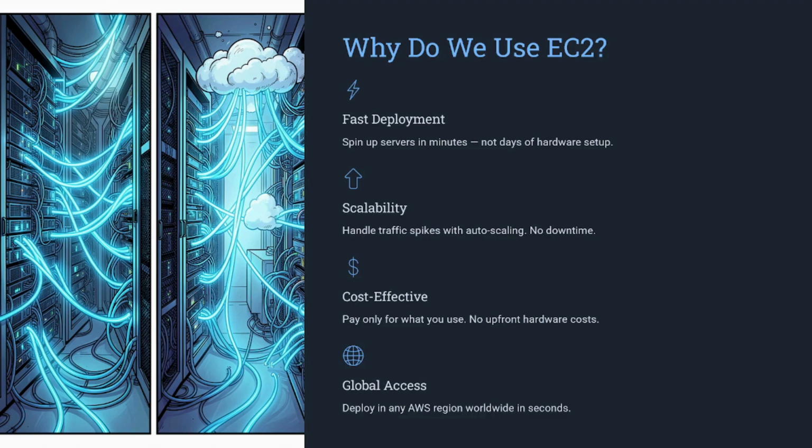If traffic suddenly increases, EC2 can instantly scale resources automatically. Third is cost. Businesses pay only for what they actually use. And finally, global access. Applications can run from AWS regions all around the world. That's why modern cloud applications depend heavily on EC2 today.